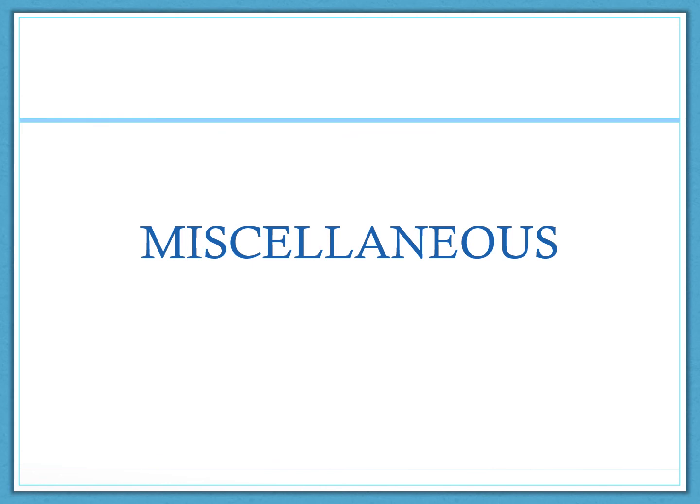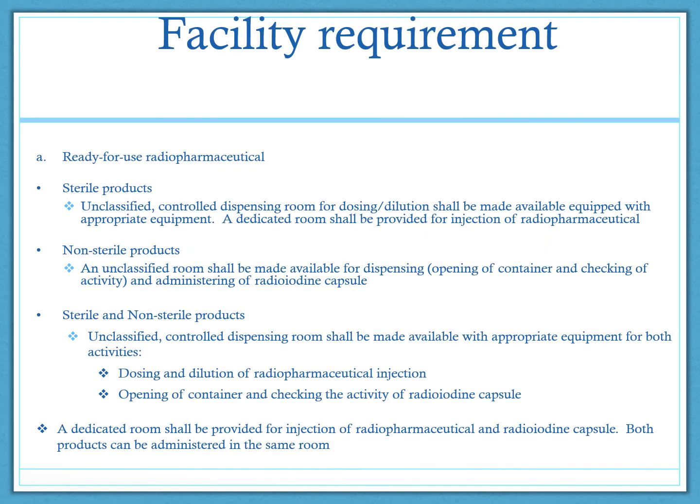And in terms of the miscellaneous, we have this ready-for-use radiopharmaceutical, be it sterile product or non-sterile product. For example, for the sterile product, an unclassified controlled dispensing room for dosing or dilution shall be made available, equipped with appropriate equipment, and a dedicated room shall be provided for injection of radiopharmaceutical.